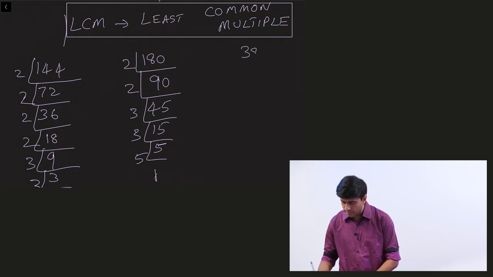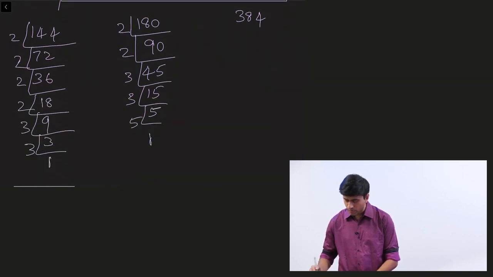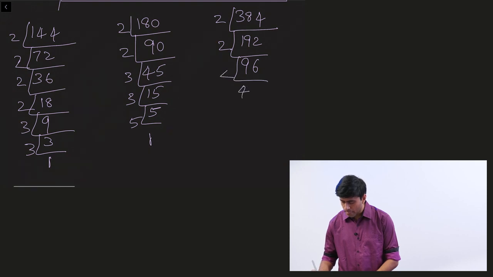The next number is 384. We finished 144 and 180, we're doing 384. 384: 2 192s are, 2 96, 2 48, 2 24, 2 12, 2 6, 2 3, 3 1s are.